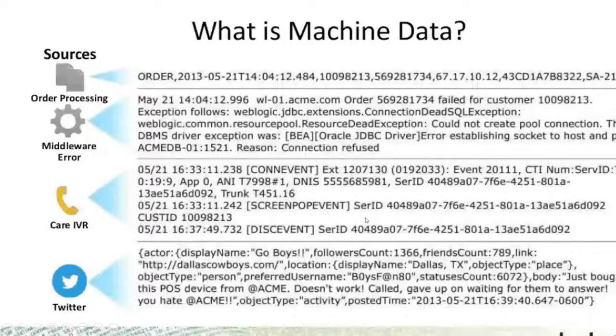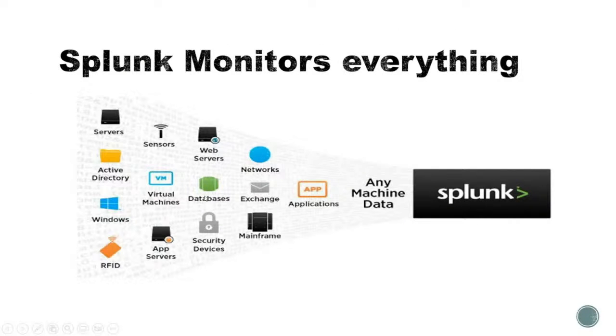There are radio frequency, app servers, IoT devices, sensors, databases, mainframe data, email, networks. Basically, if someone is running an organization, whatever servers or infrastructure they have, they can pull all the data into Splunk. That is the capability, and that's why Splunk is more powerful.